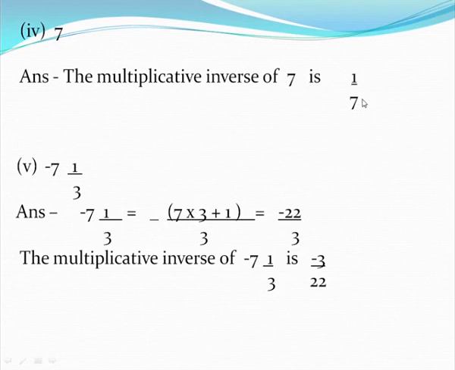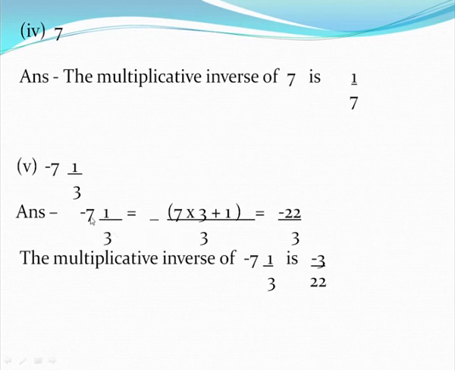Now, example number 5. Negative 7 integer 1 upon 3. Now here we cannot directly write the reciprocal or multiplicative inverse for the given mixed number. For that we have to convert it into an improper fraction. For that we will again use the same rule.